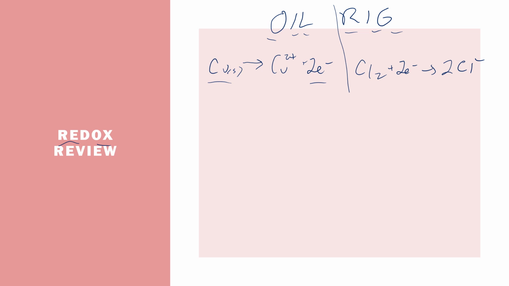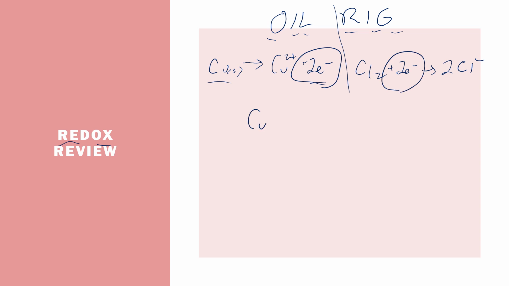These are called half reactions because they show the electrons. Now, in reality, these can't occur on their own. They have to occur together. You have to have at least one oxidation and at least one reduction reaction together because the electrons have to go somewhere. So you can put these 2 together in what we call the overall reaction. If you add these 2 up, notice how I chose ones where the electrons are the same, so you can just add them together.